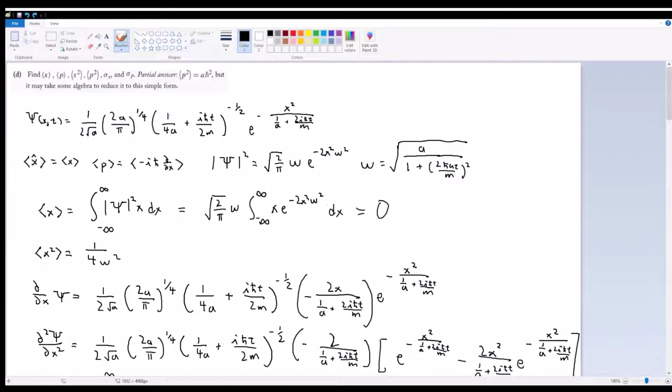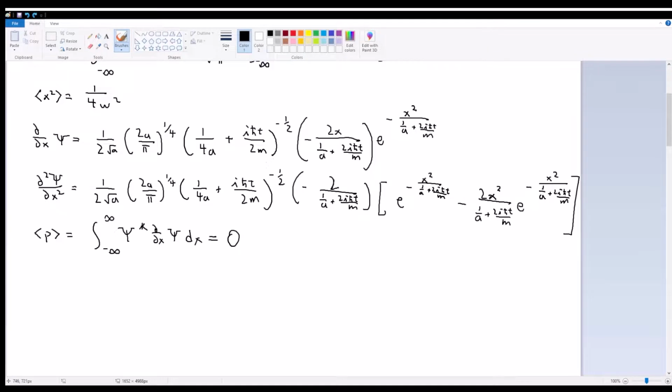It doesn't matter what the junk is on the left, all these constants don't matter. What matters is that our final thing looks like x times e to the negative x squared. Since e to the negative x squared is even, and x is odd, the resulting function is odd, and the resulting integral is just 0. The painful part is the expectation value of p squared, which as soon as I have a moment to catch my breath, I will go over.